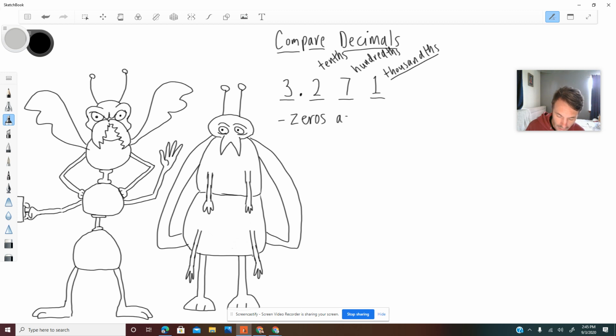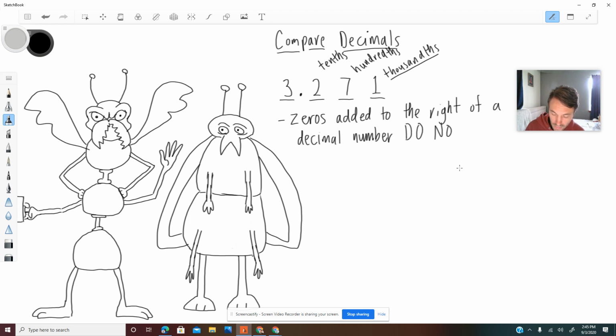Zeros added to the right of a decimal number do not, put that in all caps and underline it, change the value. Okay, they do not change the value.